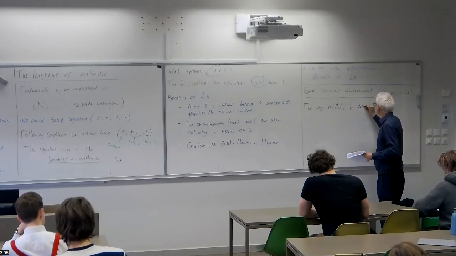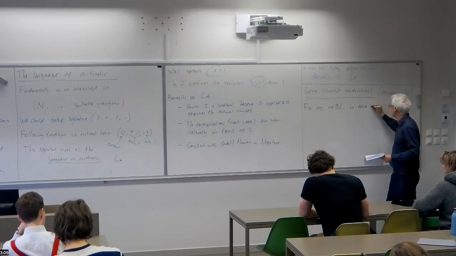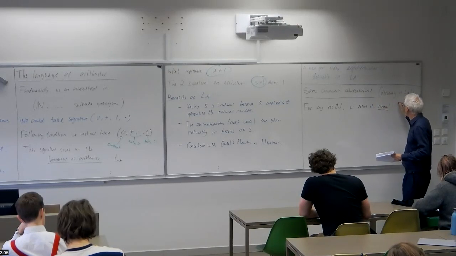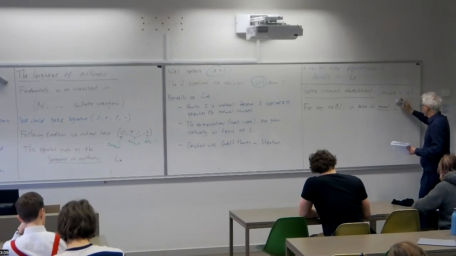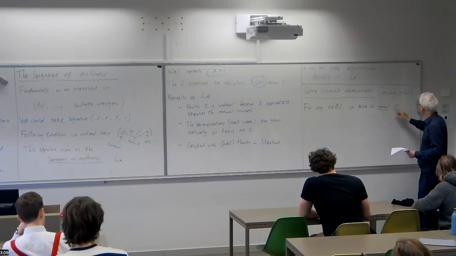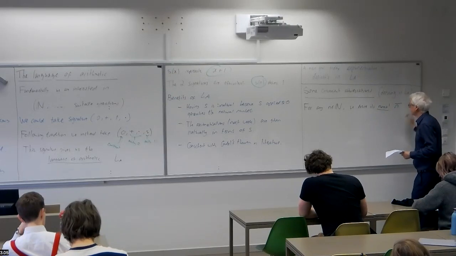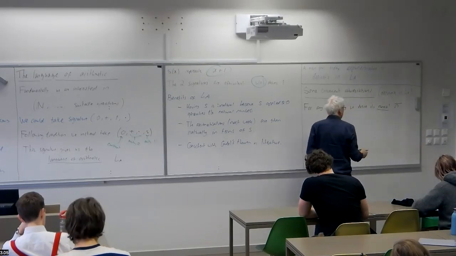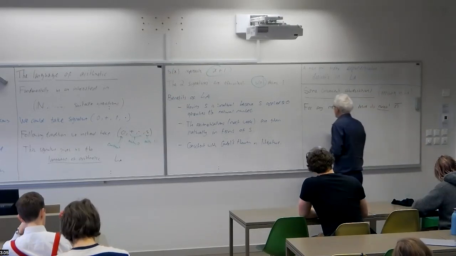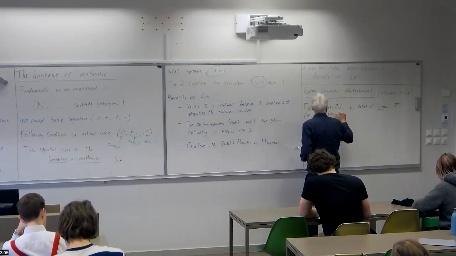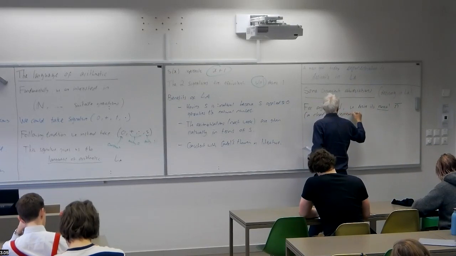This thing is called its numeral, which is often written as n underline or overline. I seem to have overline in my notes, so let me stick to that. It's the numeral n overline. So this is a closed term representing n.